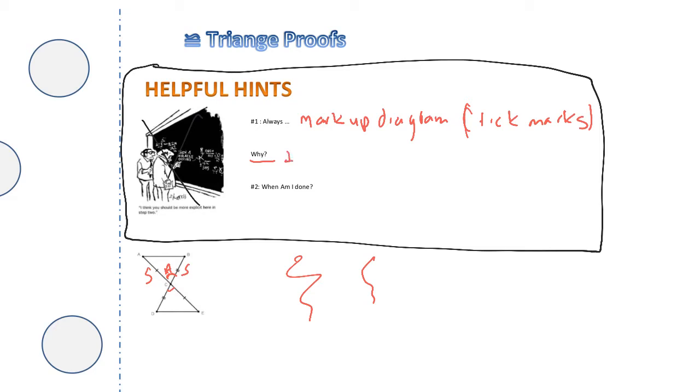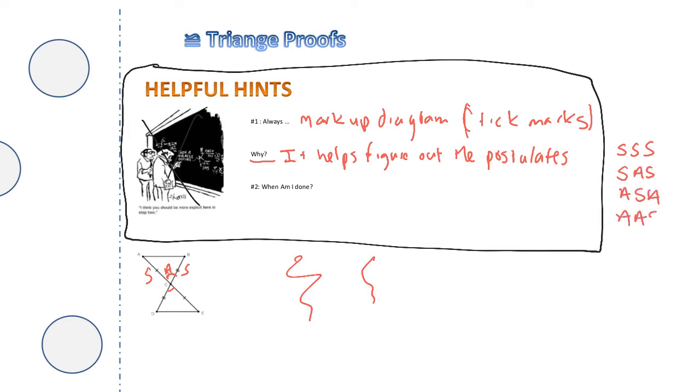So the tick marks are important because they help you figure out the postulate. And remember, all those postulates are just how to prove triangles are congruent when we have 3 things: side, side, side, side, angle, side, angle, side, angle, or hypotenuse, leg. We'll talk about that one next week.